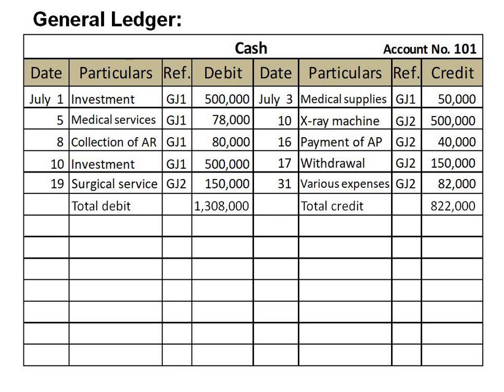So for this cash ledger, 1,308,000 minus 822,000 equals 486,000 debit balance. Because 1,308,000, the amount of the total debits, is greater than the amount of the total credits, the difference of 486,000 should be written on the debit side.